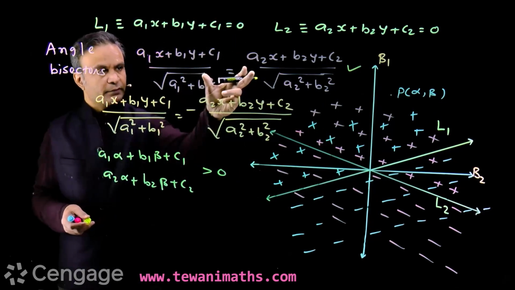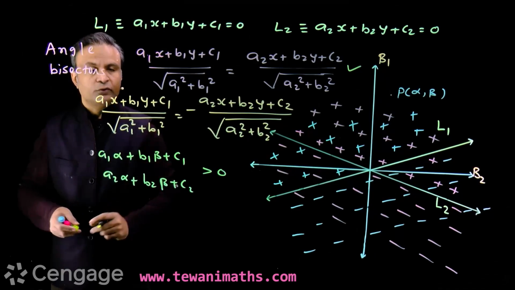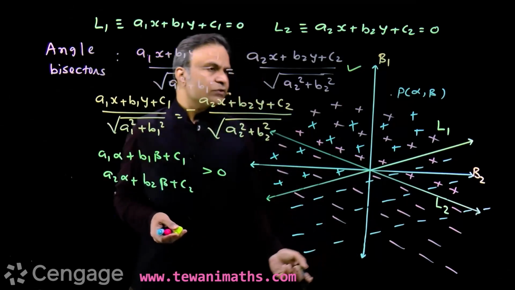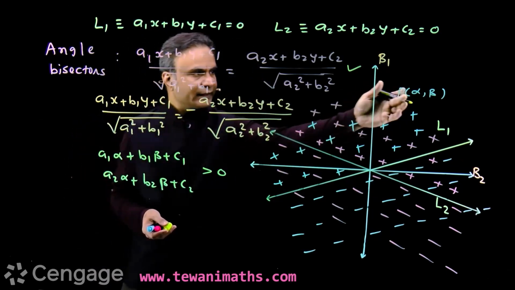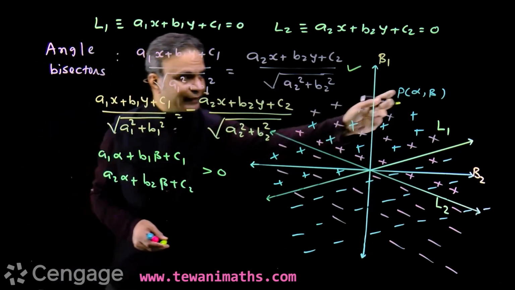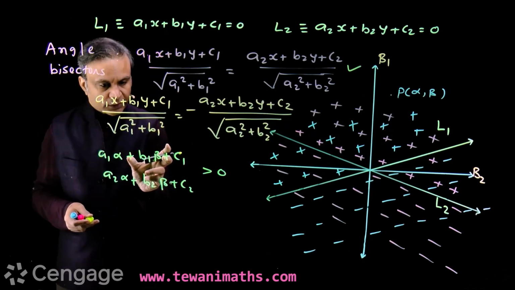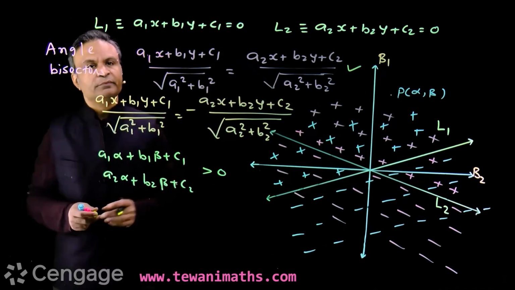This will be the equation of the angle bisector because the value of both expressions is positive. If point P is here, in that case also this will be the equation of the angle bisector of the region containing this point. Understood? Because the sign of both expressions is the same, this equation will fit.